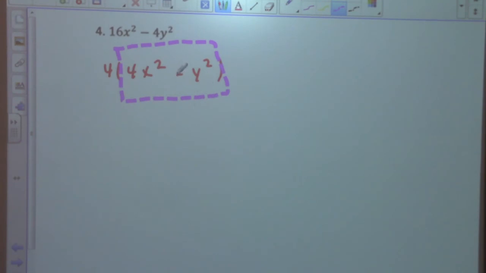What tells you this is a difference? A negative sign. What tells you this can be a difference of squares? Squares. This thing can be a square, can be 2x squared. Can this thing y squared be a square? Yes. What squared? Y squared. Now that's turning back the hands of time.